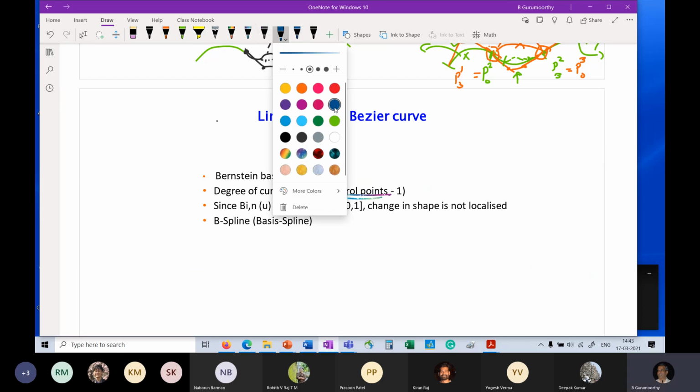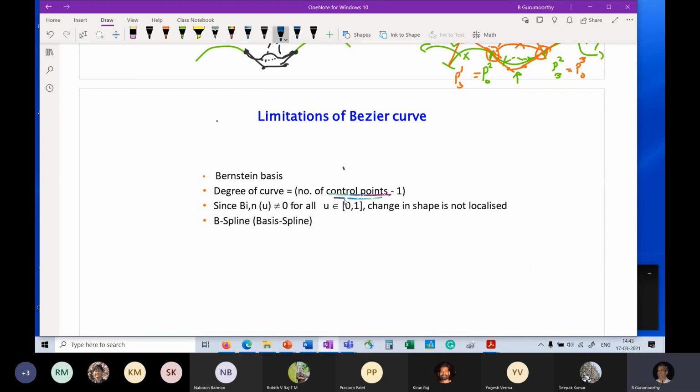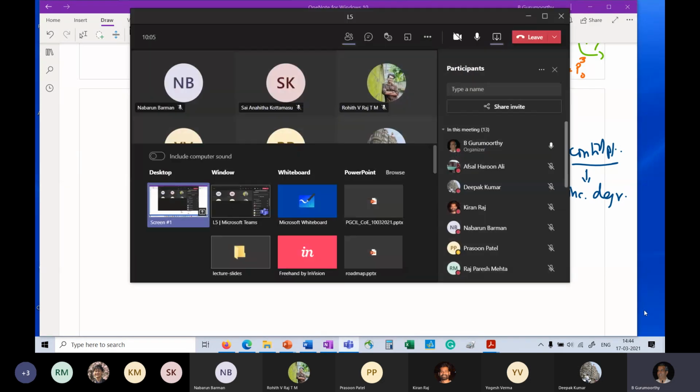So it is always related to the number of control points, which is why you have the situation that my interest is in increasing the flexibility to the designer, and therefore I'm adding a control point. But what this does is that it increases the degree of the curve. And that is the price you pay for having additional flexibility in the curve.